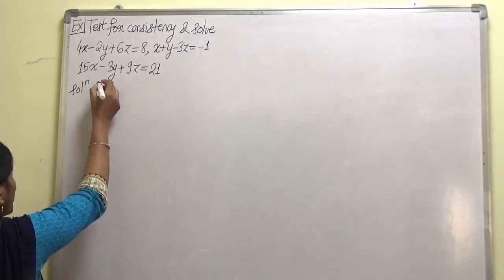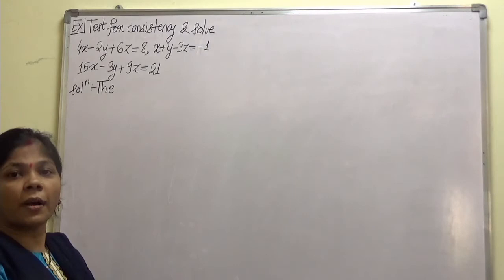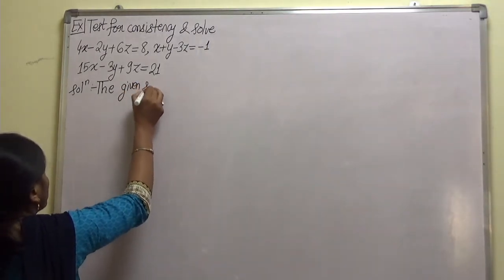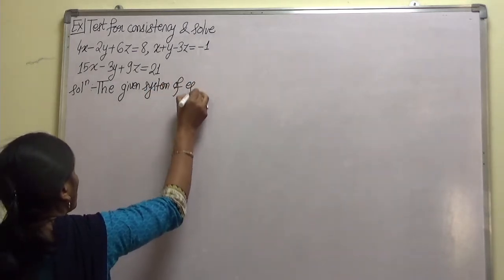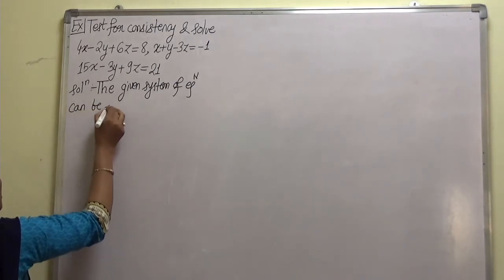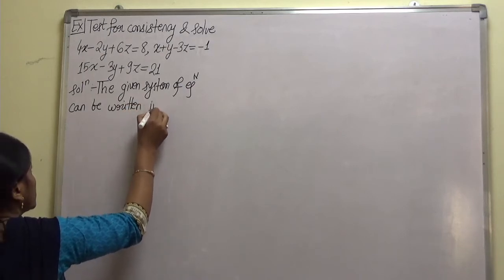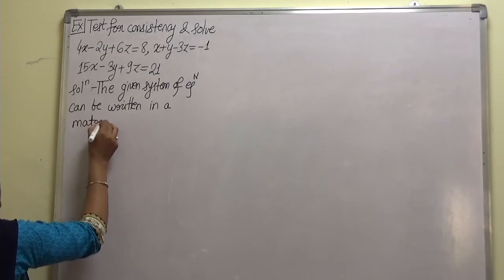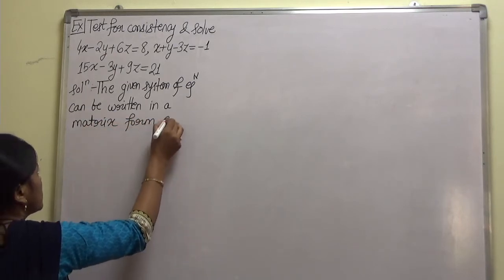According to our rule, the first step is to write the given system of equations in matrix form. So the given system of equations can be written in matrix form as follows.